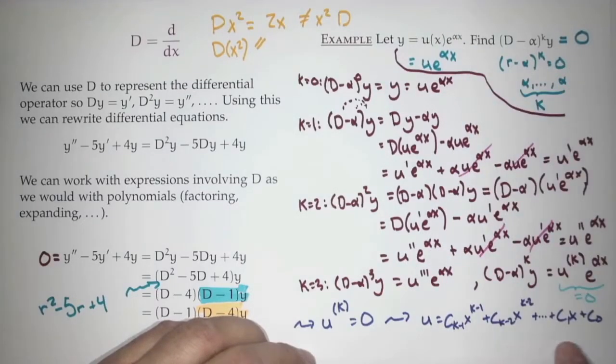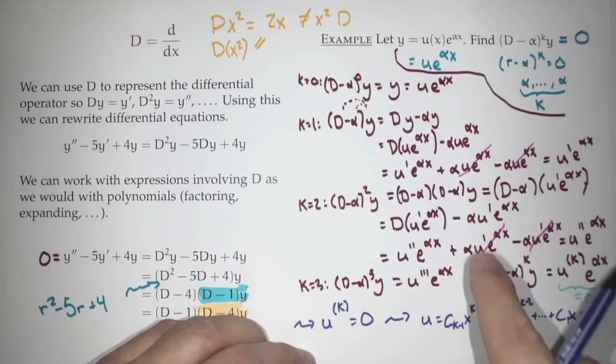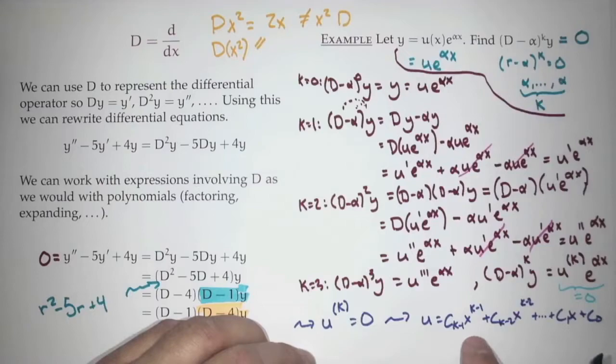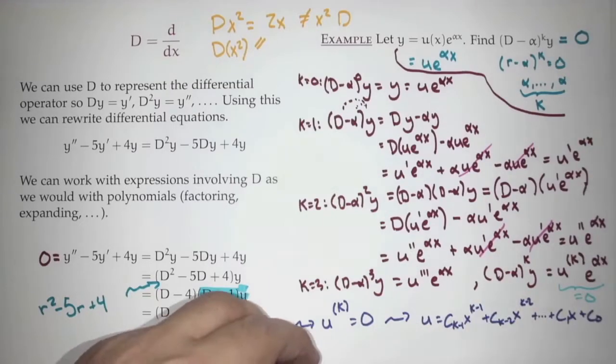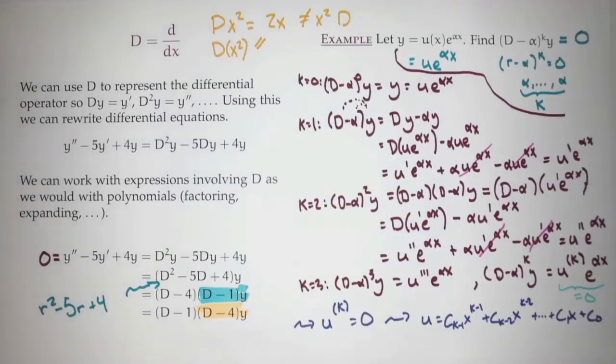And so what we've done is we've said, hey, anything that looks like a polynomial times e to the alpha x works as long as the degree is at most x to the k minus 1. So we say, okay, one solution is just e to the alpha x, that's the last piece. Another solution would be x e to the alpha x, that's the next part, all the way up to x to the k minus 1 e to the alpha x. So this is the justification that says, yeah, it actually works the way we claimed it worked from last time. Bumping works. So that's a nice explanation.